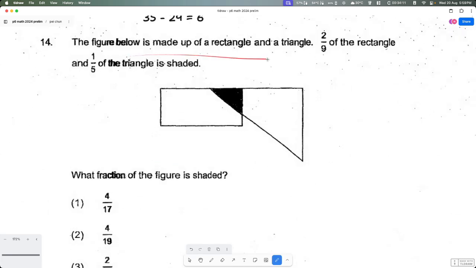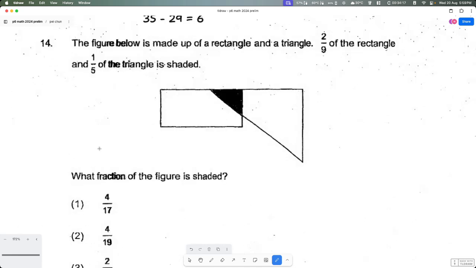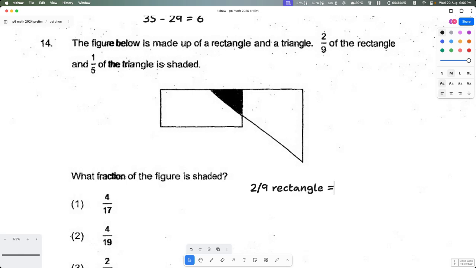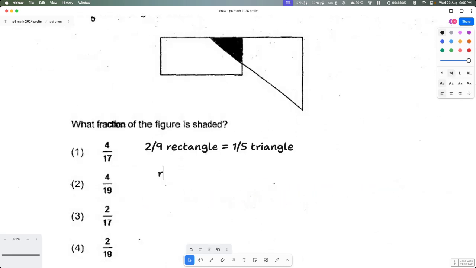The figure below is made out of a rectangle and a triangle. 2/9 of the rectangle and 1/5 of the triangle is shaded. What fraction of the figure is shaded? In this case, 2/9 of the rectangle is equal to 1/5 of the triangle. I call this the equal fraction concept.